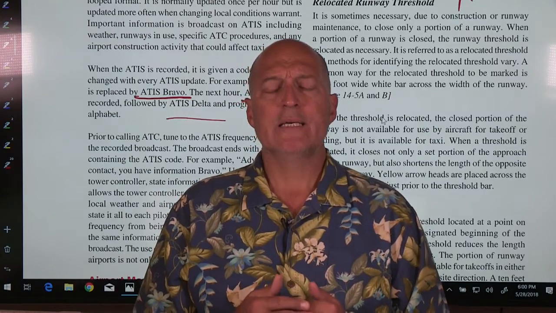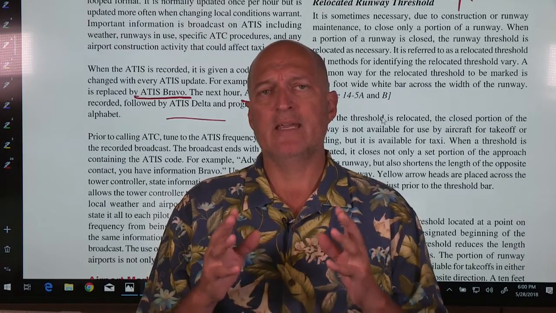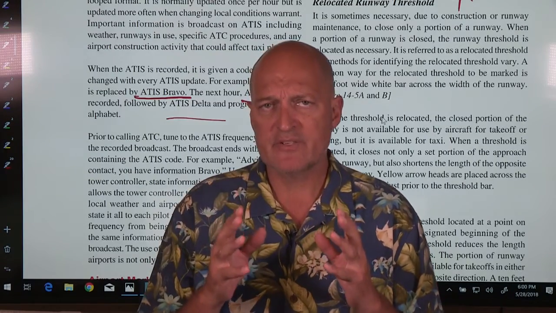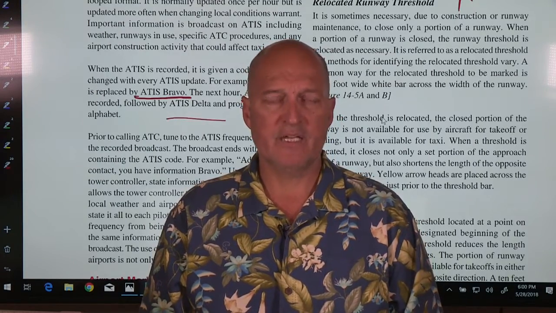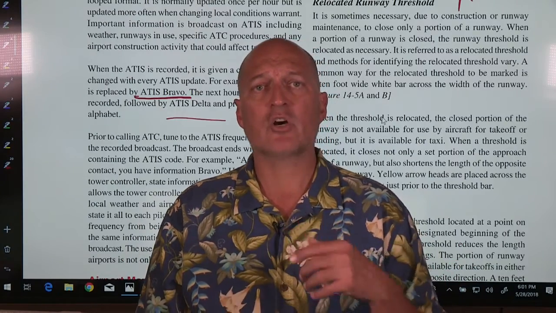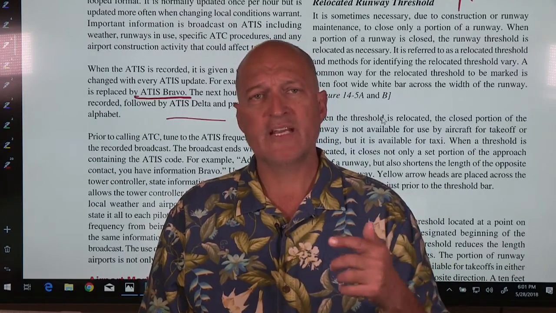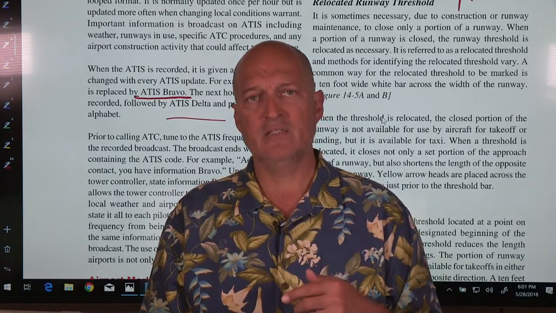The one thing you need to know is that it changes, and there's a name to it. With each one that they do, they will name it something. It depends on who's starting in the morning. They may start with Alpha, the next hour will be Bravo, the next hour will be Charlie, the next hour will be Delta.